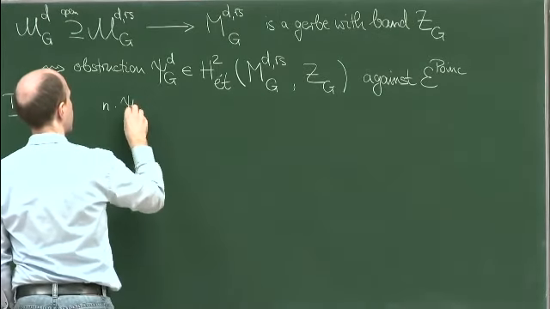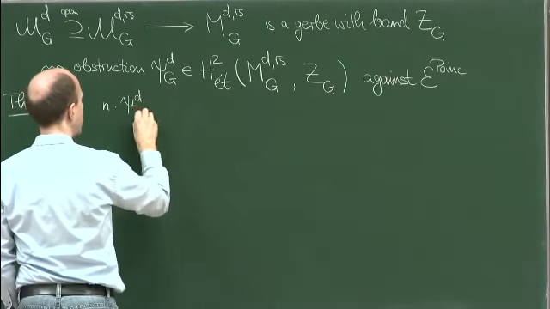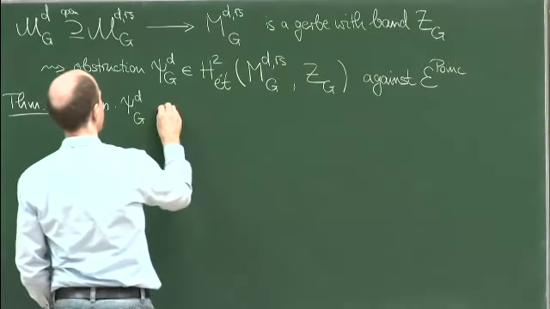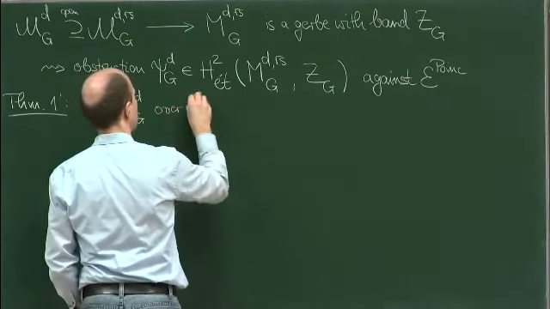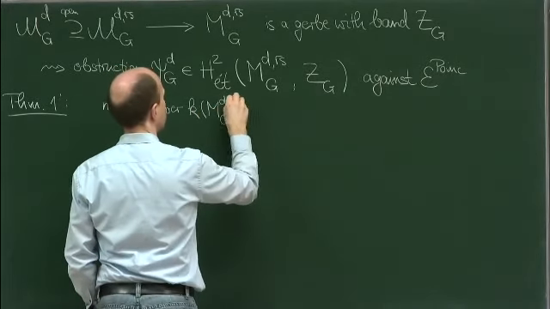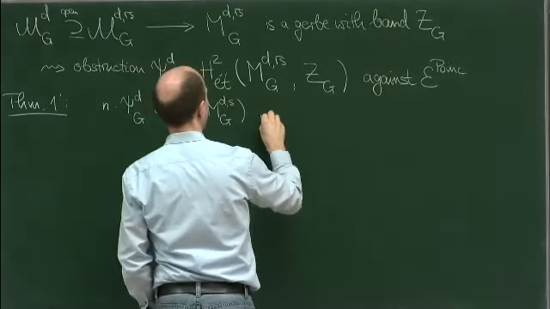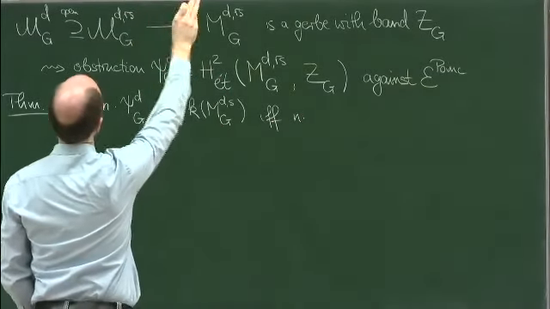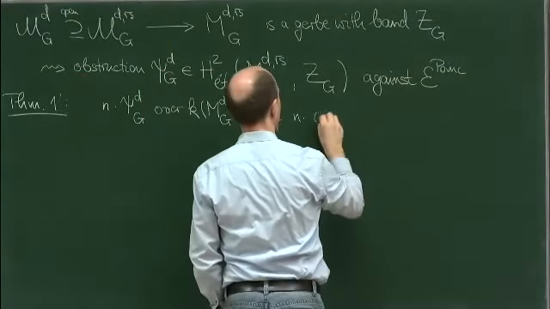So this class is annihilated by an integer n generically, so over the function field of the coarse moduli space, if and only if the same integer annihilates the cokernel of this evaluation map up there.